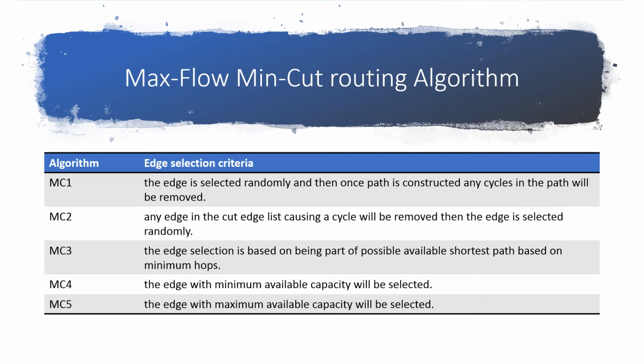MC3 bases its selection on being part of a minimum hop path from the source to the destination. MC4 and MC5 are based on the available capacity of that edge, where MC4 selects the edges with minimum capacity, which is the most congested, and MC5 selects the one with the maximum capacity, which is the least congested.